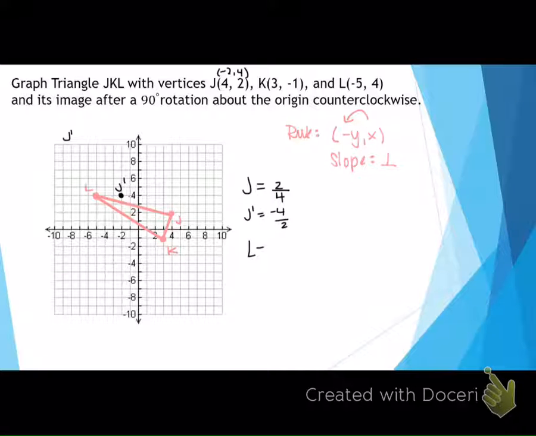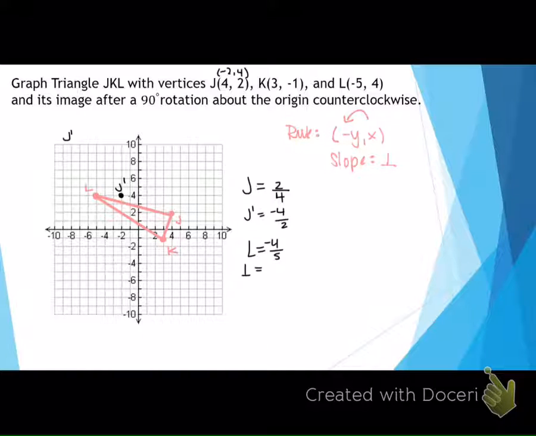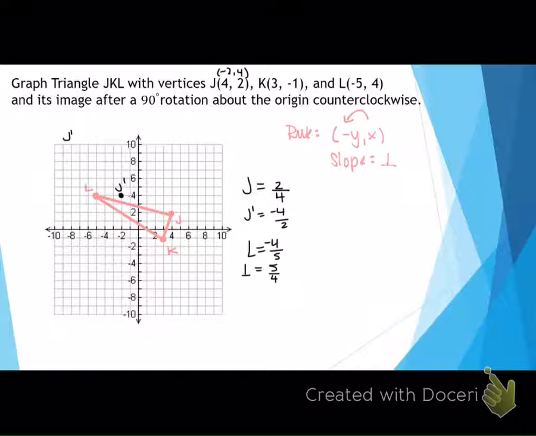L currently has a slope of 4 over 5. Helena, what's perpendicular to negative 4 over 5? 5 over 4. So if you're doing it that way, where should L end up? In which quadrant?